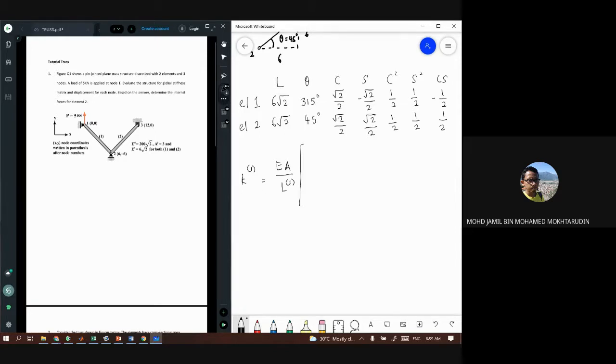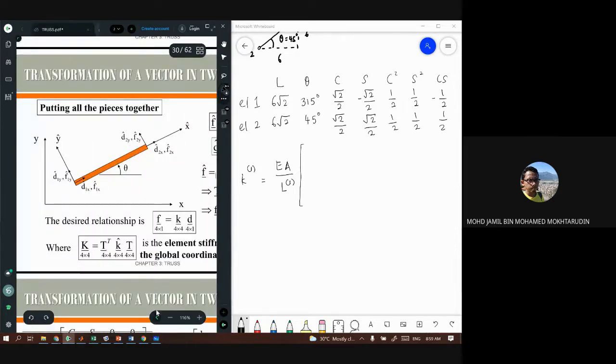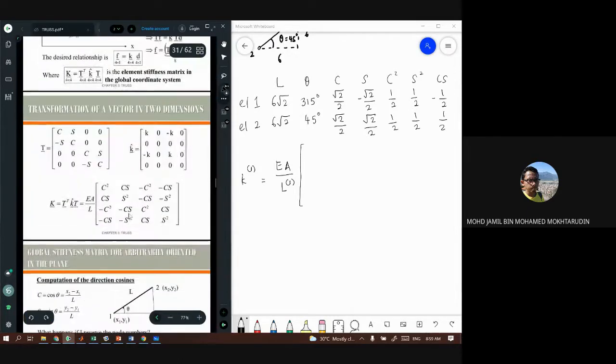And then we use the formula here. Okay, so we use this formula. So we just plug in the values from the table.